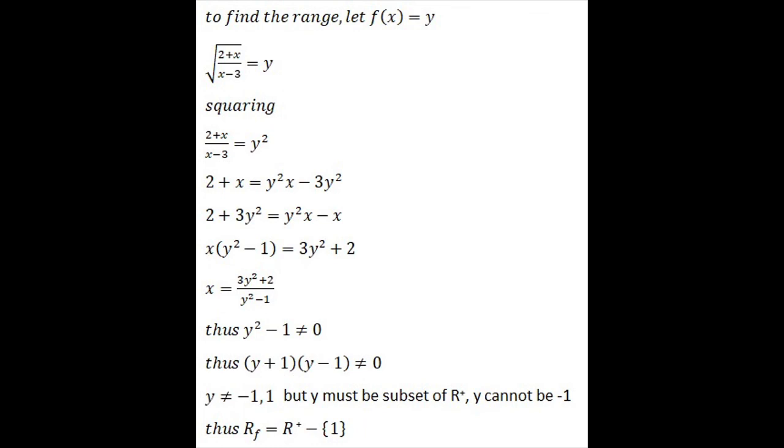But y square minus 1 in the denominator shouldn't be 0. So (y plus 1) into (y minus 1) not equal to 0. So y is not equal to minus 1 or plus 1. But you know, y must be a subset of all positive real numbers, so y cannot be negative. Thus the range of the function is all positive real numbers except 1.